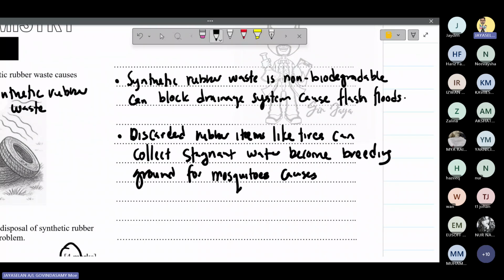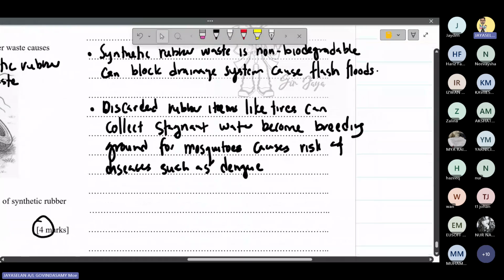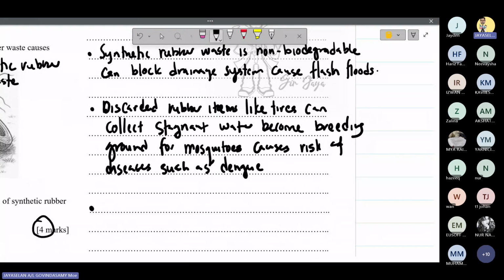Causes spread of diseases. Causes risk of diseases. What kind of diseases? Such as dengue, malaria, all that. Any question? Okay, saya akan bagi 3. So kita ada 3, but you remember for this, remember 2 lah.